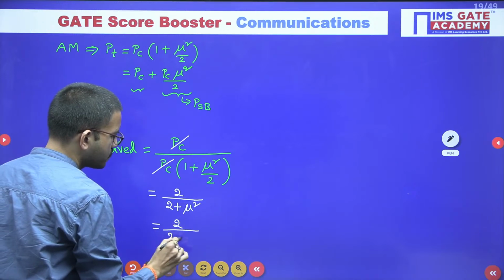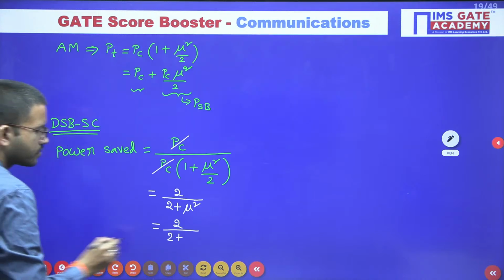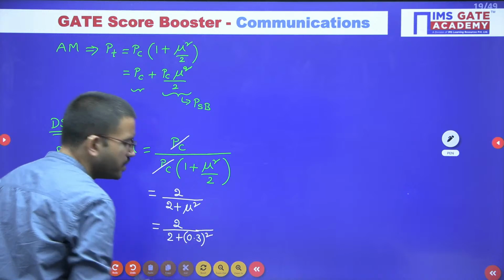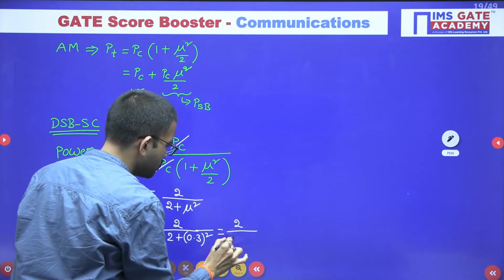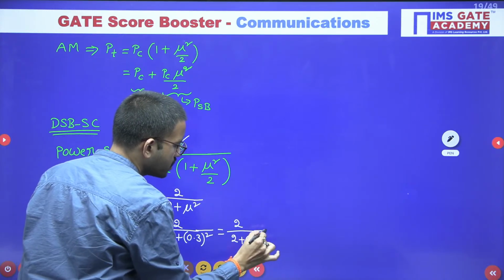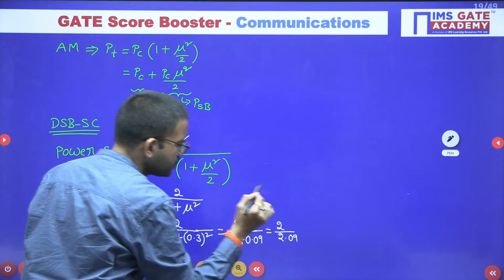So in place of mu, you can substitute the modulation index as 0.3. So 0.3 whole square is nothing but 0.09. So 2 divided by 2 plus 0.09, that means you are getting 2 divided by 2.09.